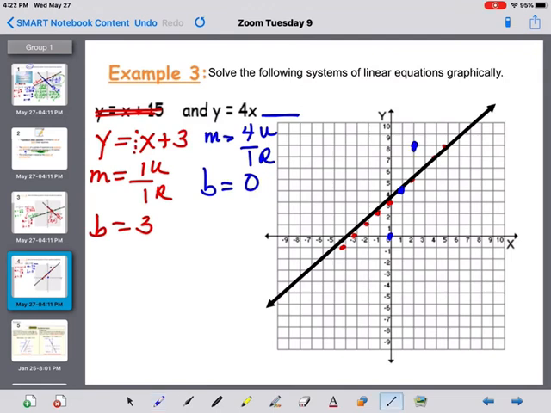So I'm going to use my ruler. I'm going to graph the line. And I can see that I have a solution right here at (1, 4). So (1, 4) would be my solution to the system of equations.